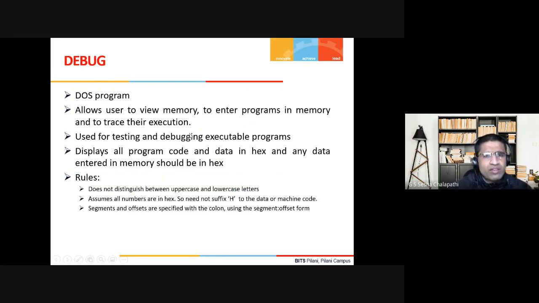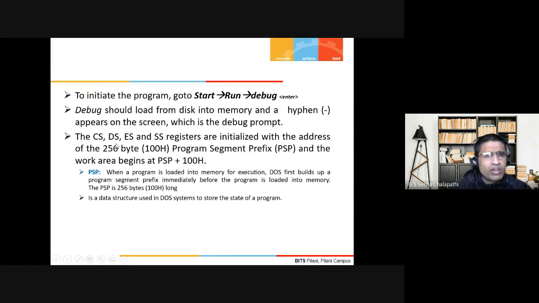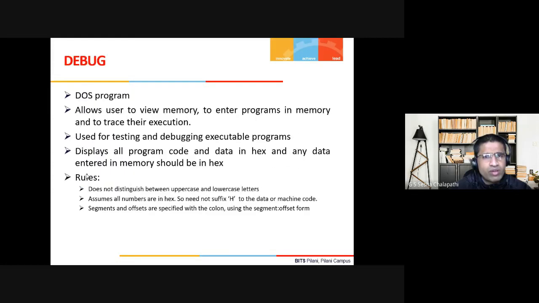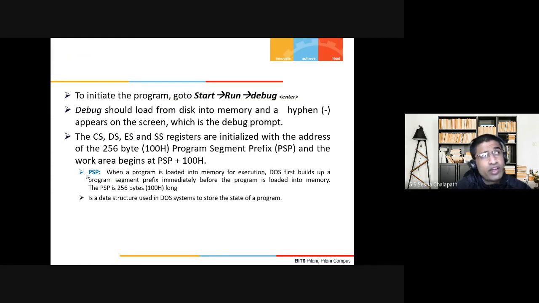You have already seen, you have already been writing in debug and all those things. I think we need not look at it, but the point that I would like to drive home here is what PSP is. We have always been pointing out PSP. In .MODEL TINY, CS, DS, ES, and SS are all initialized to point to the same location.